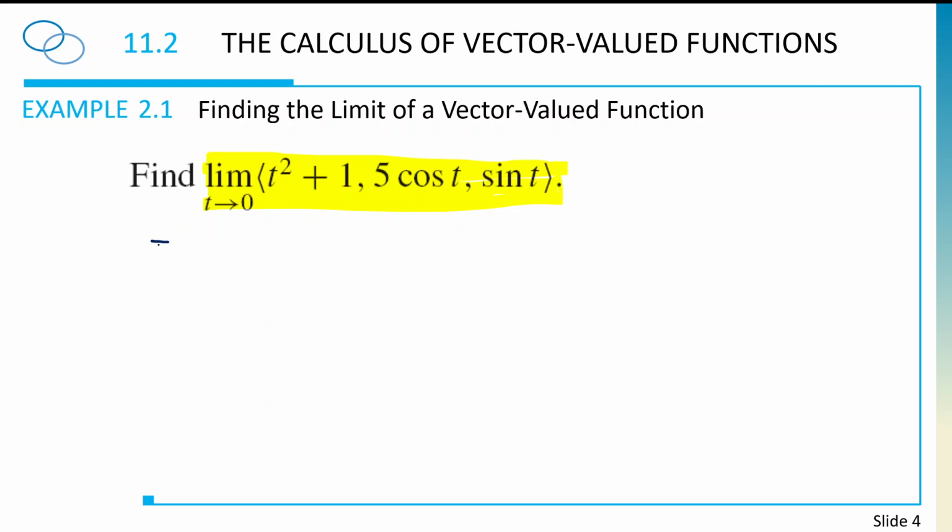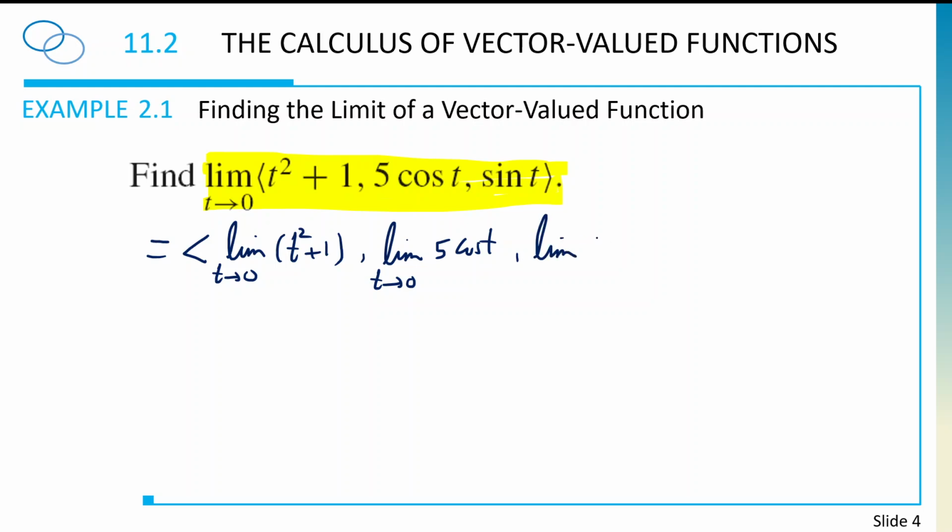So this equals the limit inside this vector: the limit of t squared plus 1 as t approaches 0, the limit for the second component, 5 cosine of t as t approaches 0, and the last one is the limit of sine of t as t approaches 0.